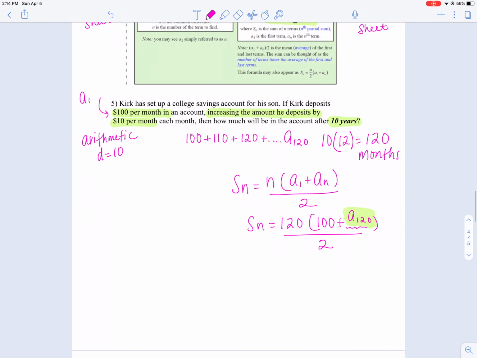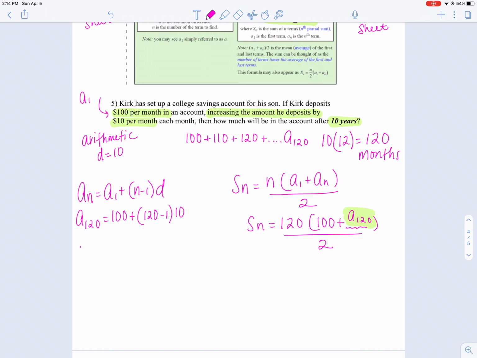In an arithmetic sequence, whatever term number you want, you can get. So if I write my arithmetic sequence, a sub n equals a sub 1 plus n minus 1 times d, and I want the 120th term, I could take my first term plus 119 times 10.